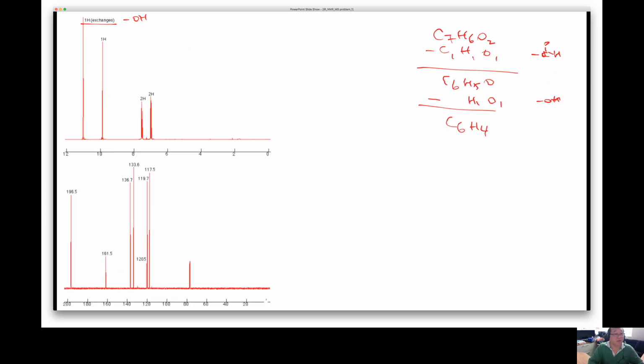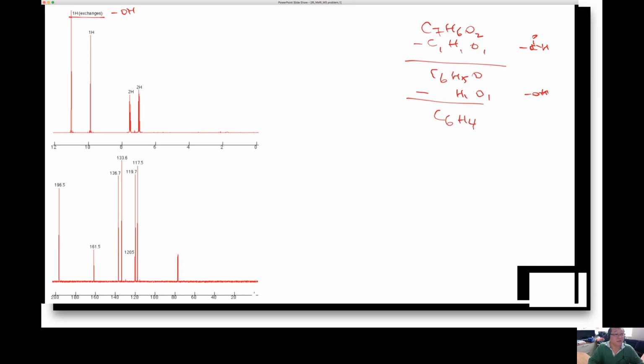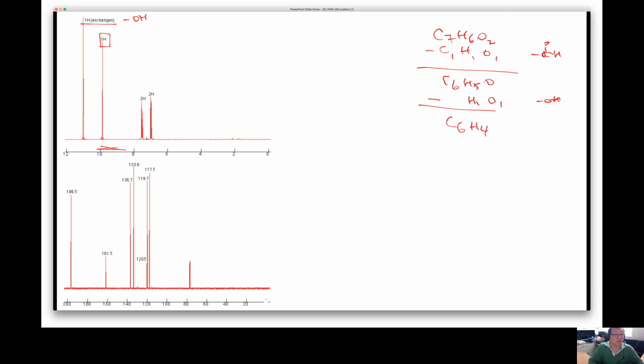And then this is an aldehyde between 9 and 10, an aldehyde hydrogen, right? So we found both. And then we have 4 hydrogens in the aromatic region, which clearly looks like a disubstituted benzene. I don't know, two hydrogens, two hydrogens. It could be like this.